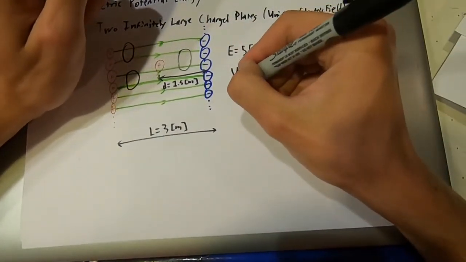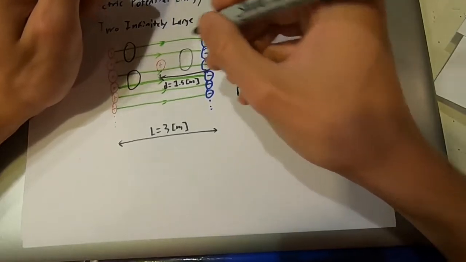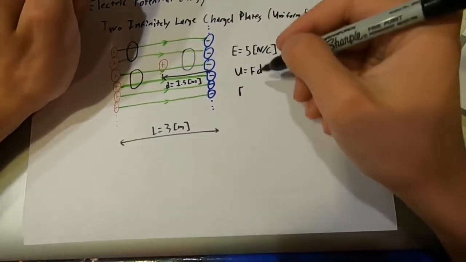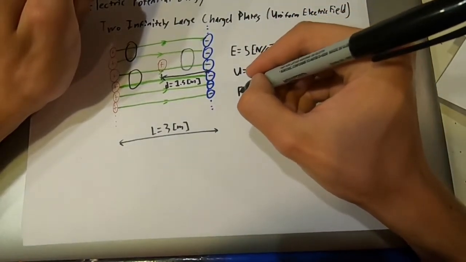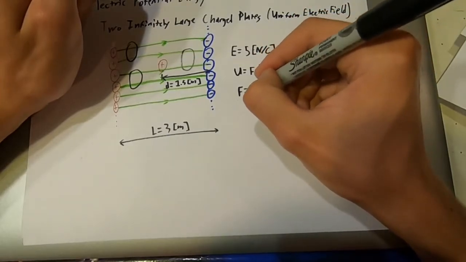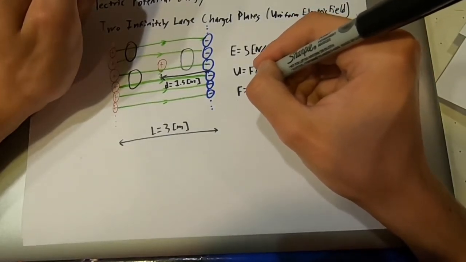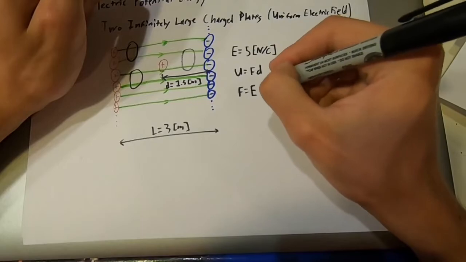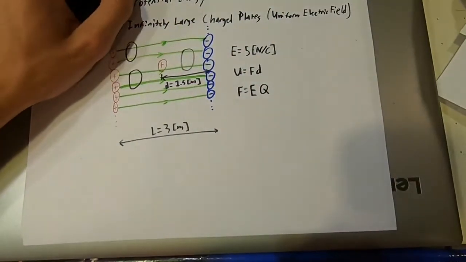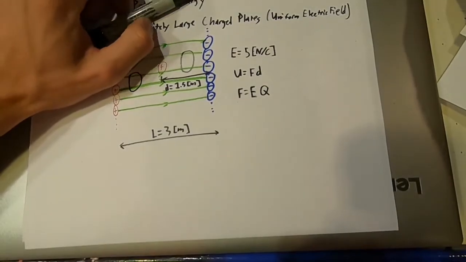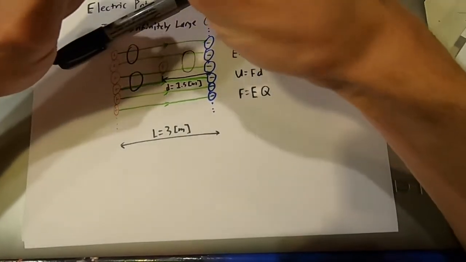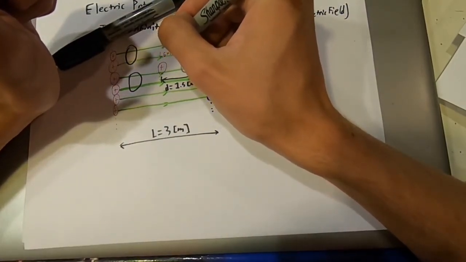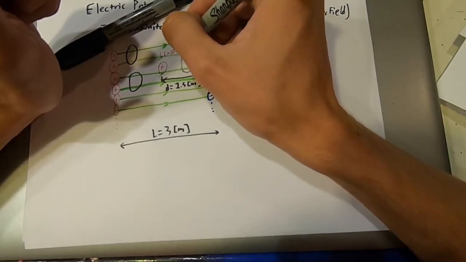All right, so our force, and this force is going to be the same no matter where we are in the field. So we're going to find that it's equal to E, which is constant, right? It's a uniform field, times our charge. And this charge is never changing. It's always going to be 1.6 times 10 to the negative 19th coulombs.